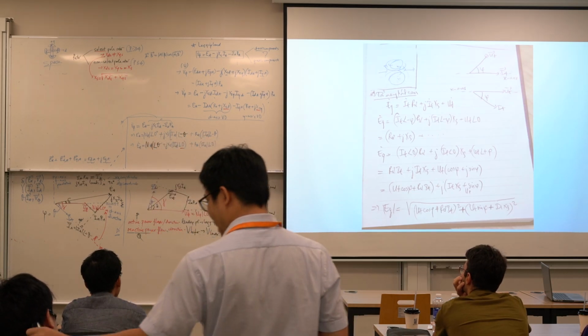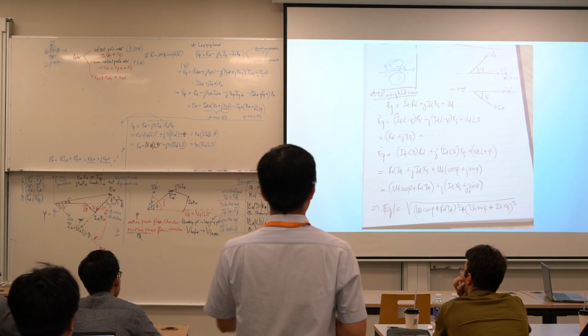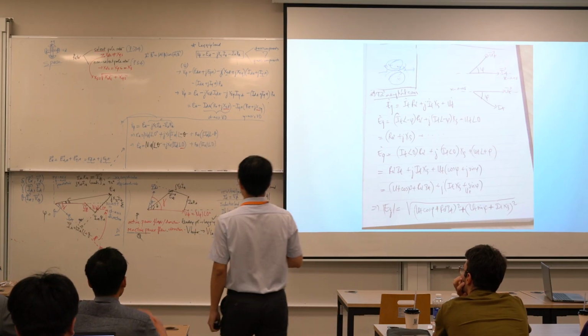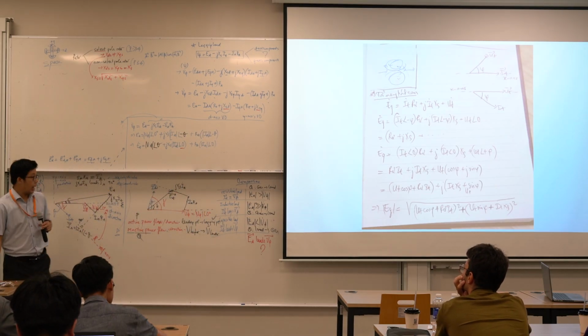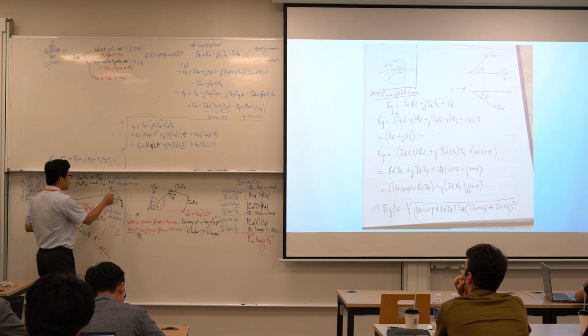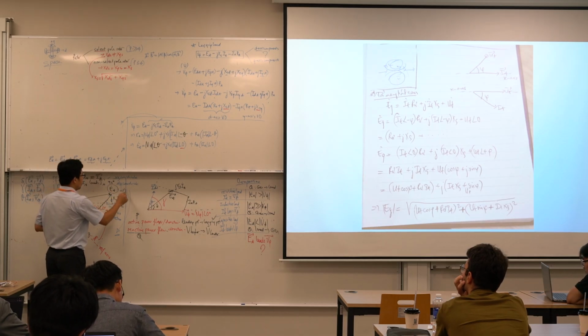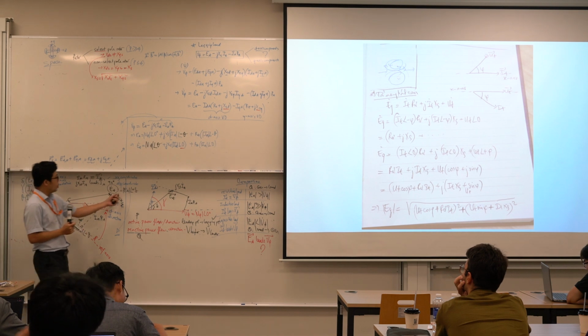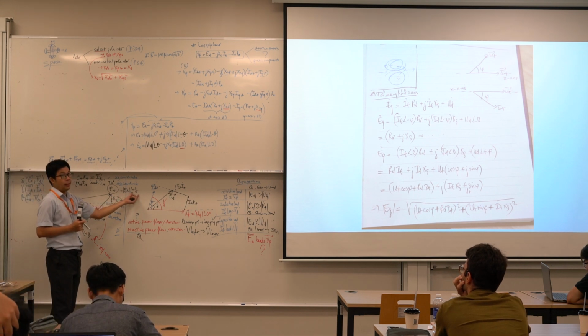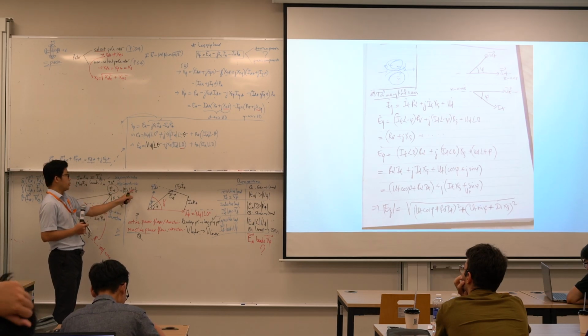So why do we do that? Because sometimes we don't know the magnitude and phase angle at the same time. Maybe you just know one of them. Or the questions also require us to calculate magnitude or phase angle.